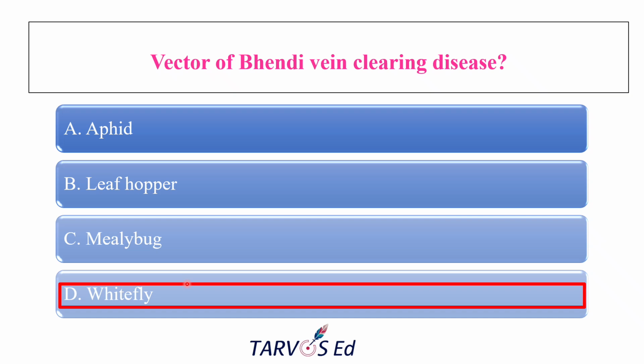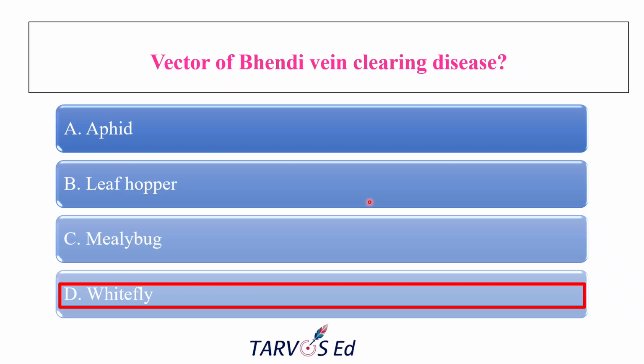Okay, and how will the symptoms look? The veins of the Bhendi leaf become clear or yellow in color, and the interveinal areas remain green. The whole plant looks stunted, and there will be fruiting loss, reduced fruiting.